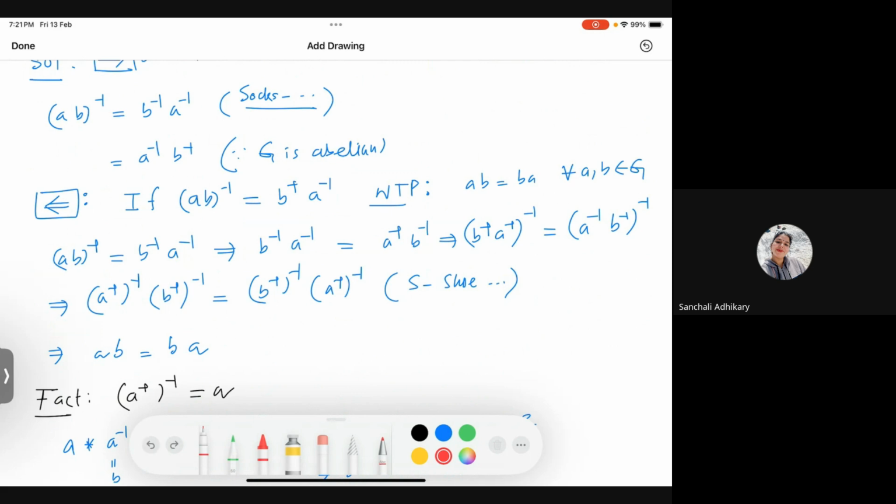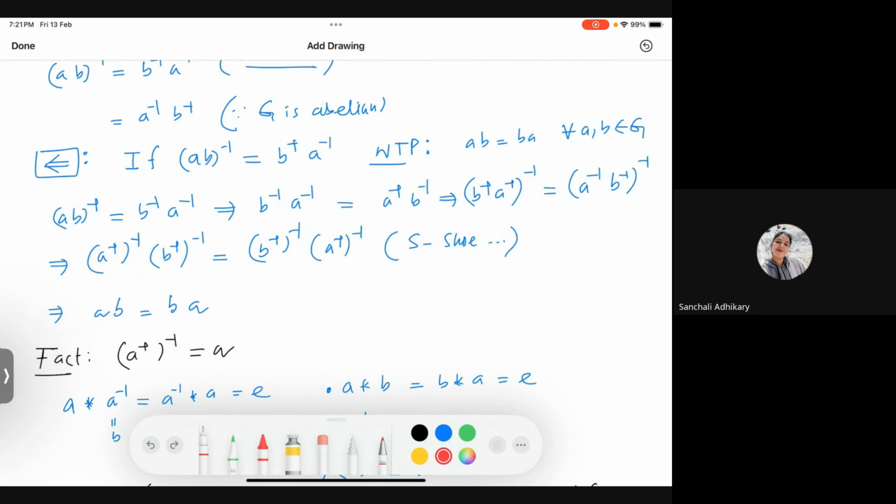Now take inverses on both sides. If you take the inverse on both sides, using the shoes-socks property again, we get (A inverse) inverse into (B inverse) inverse on one side, and (B inverse) inverse into (A inverse) inverse on the other.